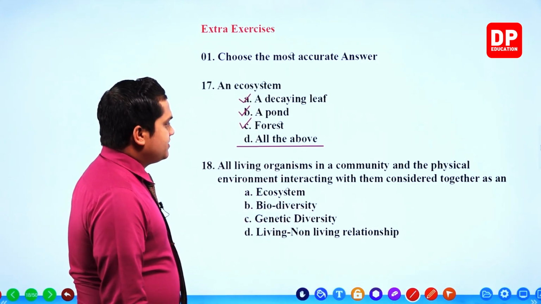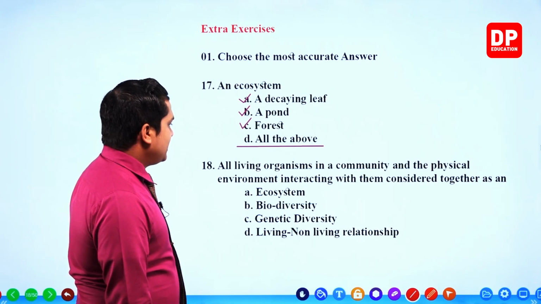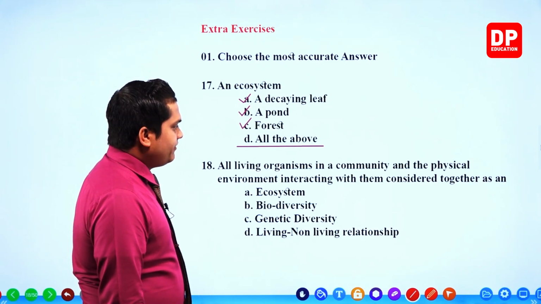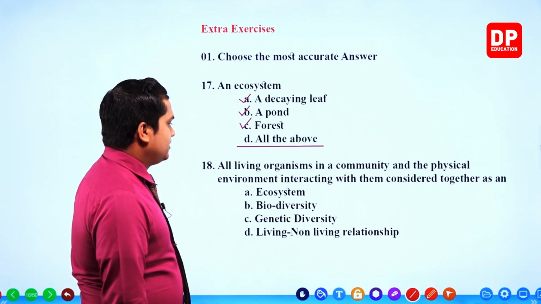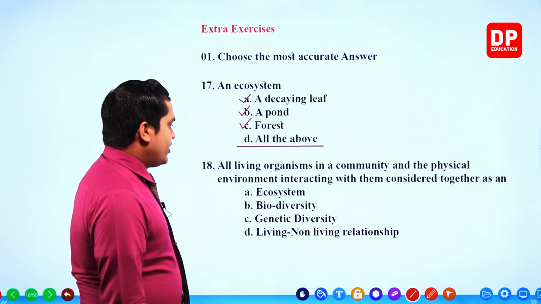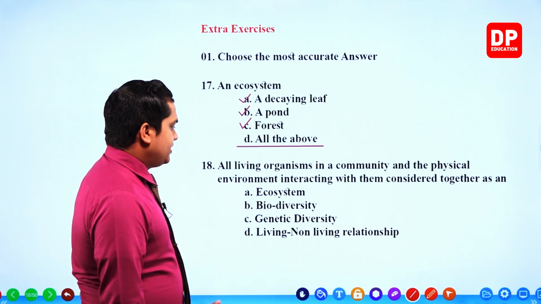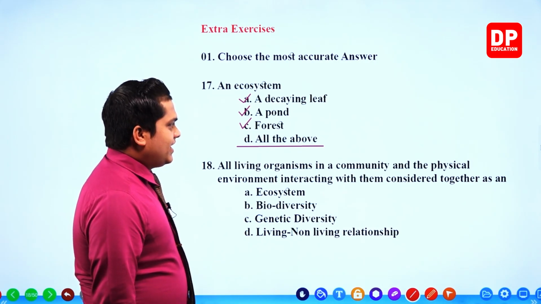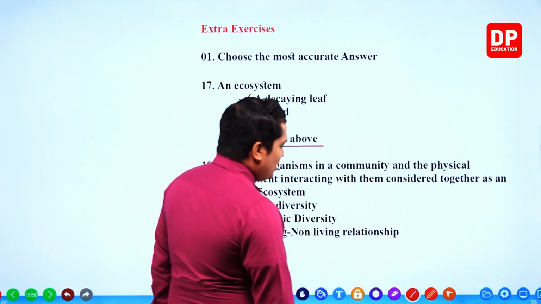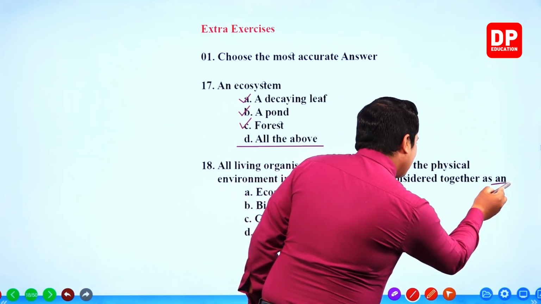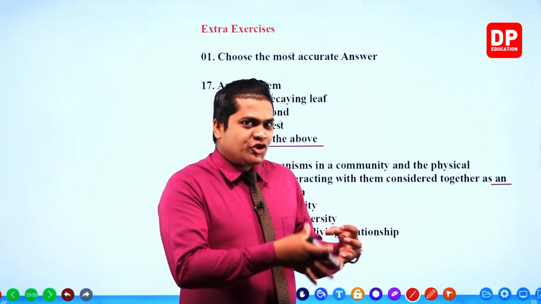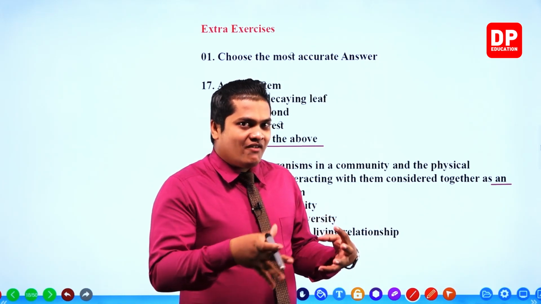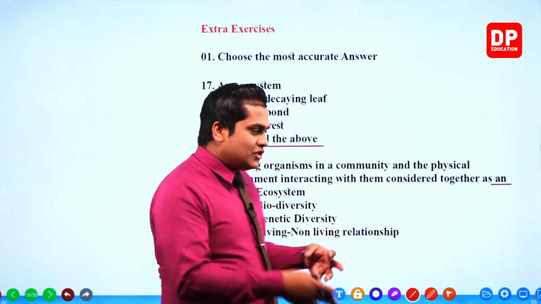All living organisms in a community and the physical environment interacting with them are considered together as an ecosystem, biodiversity, genetic diversity, living non-living relationship. As you can see here, by looking at the question over here, 'an' means definitely the next word should start with a vowel, right?